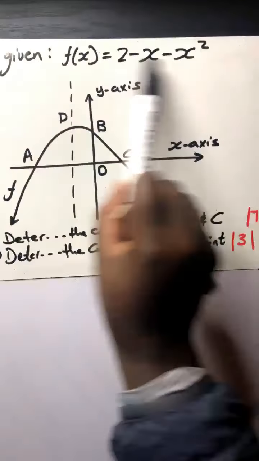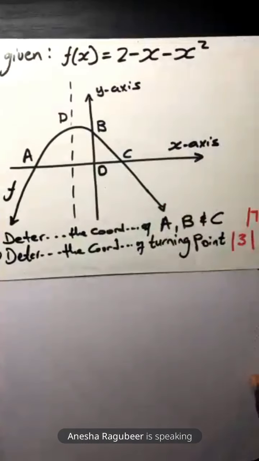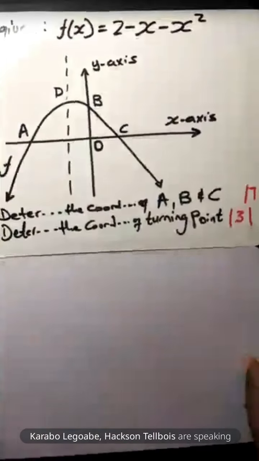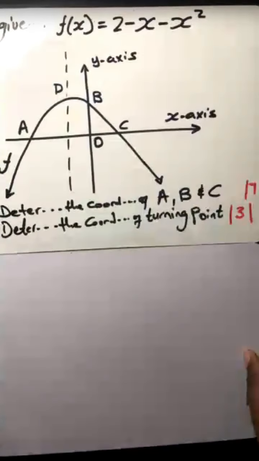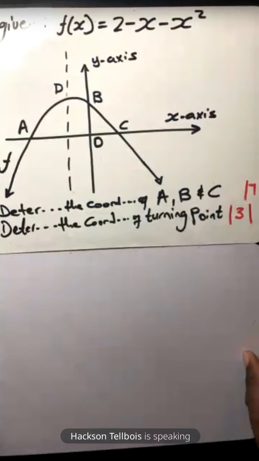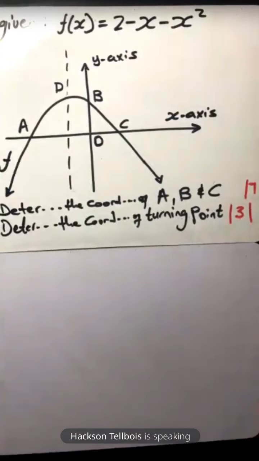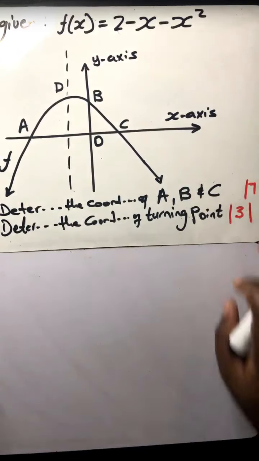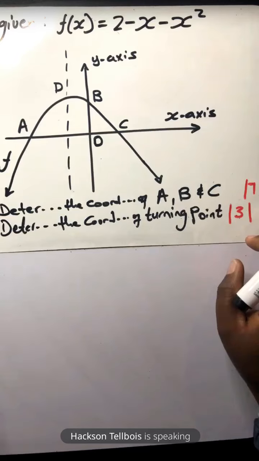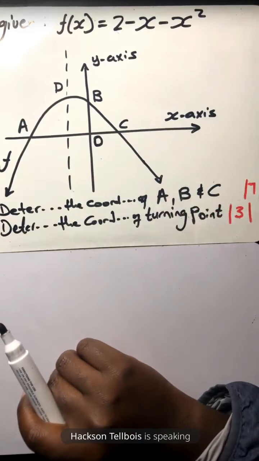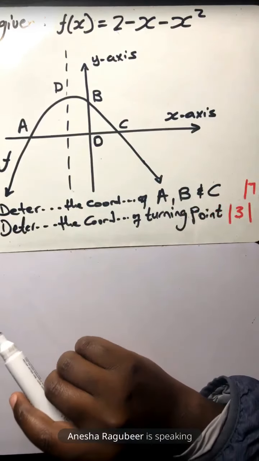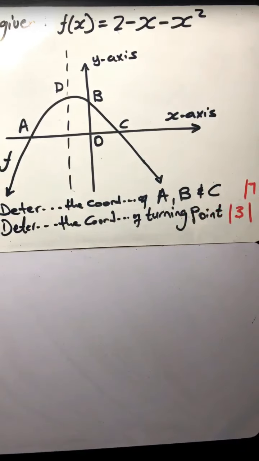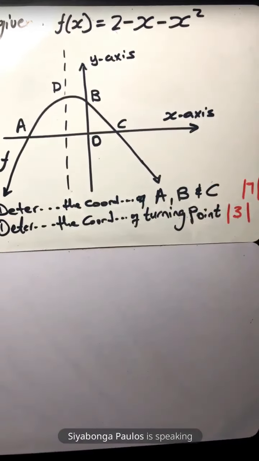Can you see that part? Yes, sir. If I do that, are you still able to see that part? Shreyas, are you still able to see that part, given f of x? Yes, sir. Okay, in that case, it's fine.